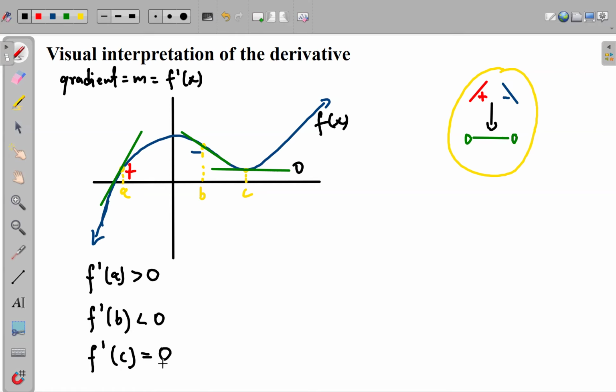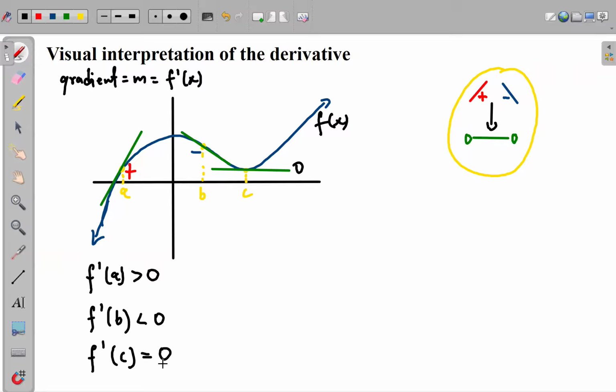What we can then say is that the function, which is in blue, by the way, based on the gradient, I want you to see the relationship between the gradient test, which is basically the straight line test, and the conceptual understanding when it comes to this graph. I want you to note that at point A, if I were to draw a straight line, which is the green one here, that straight line has a positive gradient.